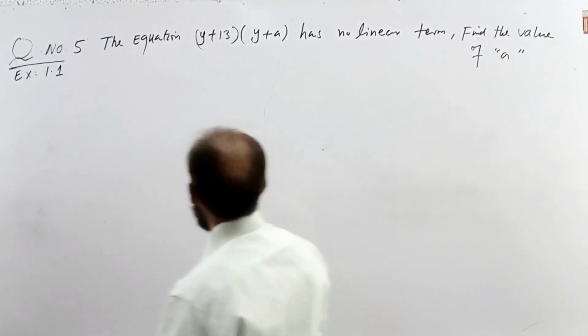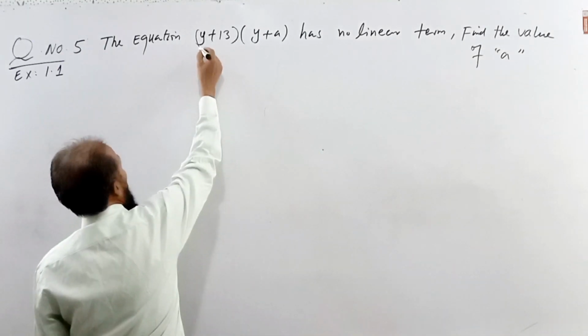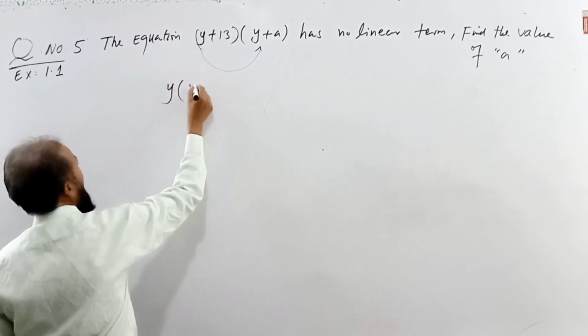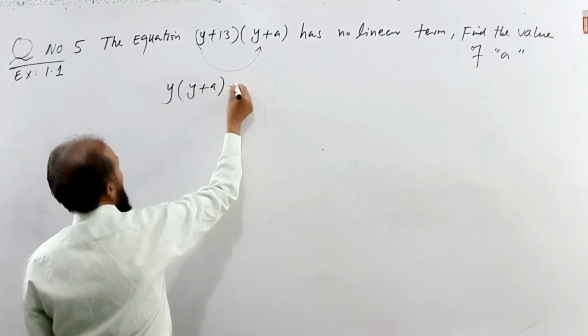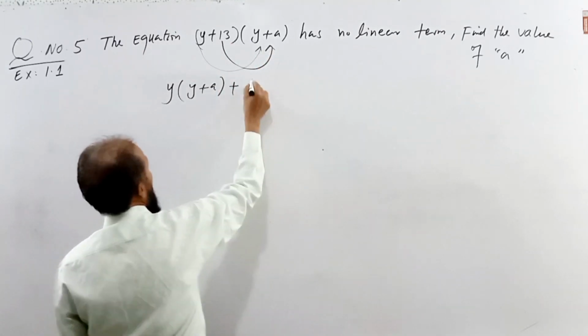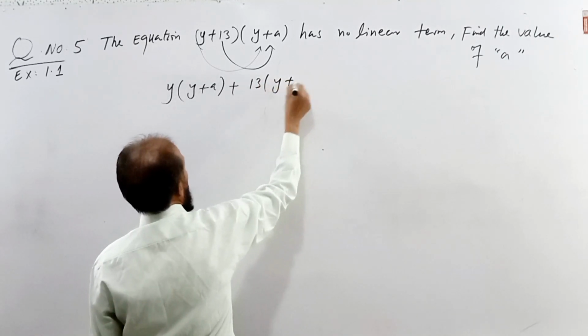First of all, we open the brackets. y is multiplied by y plus a, similarly 13 is multiplied by y plus a.